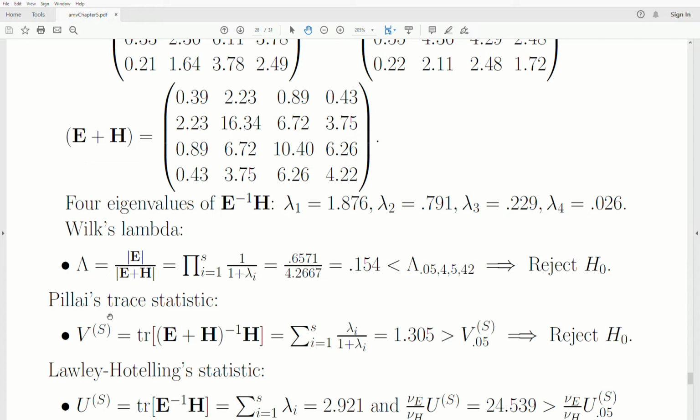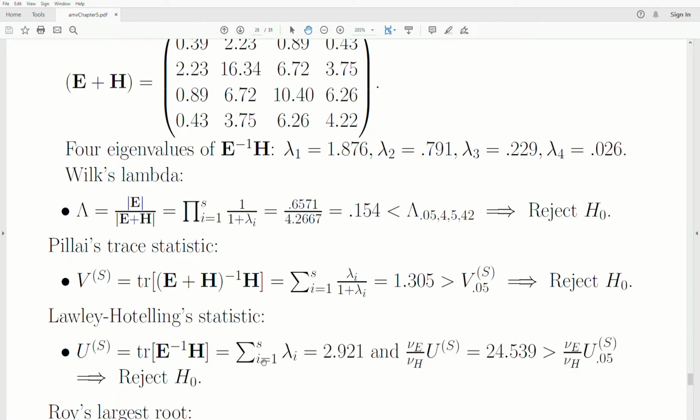Now, Pillai's trace, and that's my best guess of how to pronounce that. My apologies if it's not correct. It's the trace of the inverse of E plus H times H, which ends up being the sum of these eigenvalues here, which is 1.3, which is greater than the corresponding rejection region for Pillai's test, and so we reject. Lawley-Hotelling's test statistic is the trace of the inverse of E times H, which ends up being the sum of these eigenvalues.